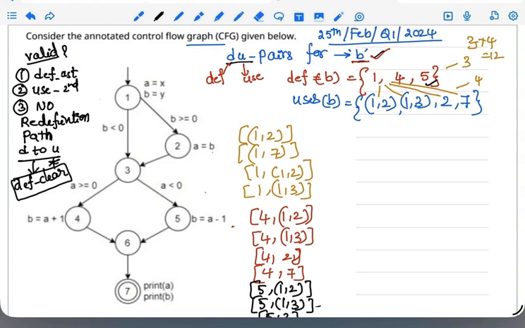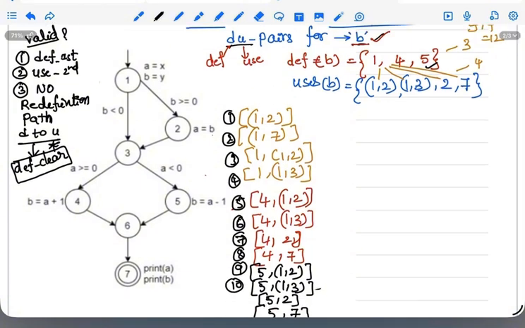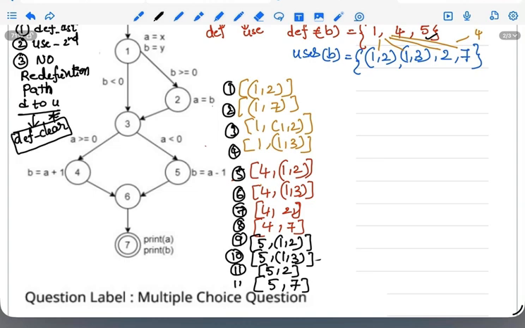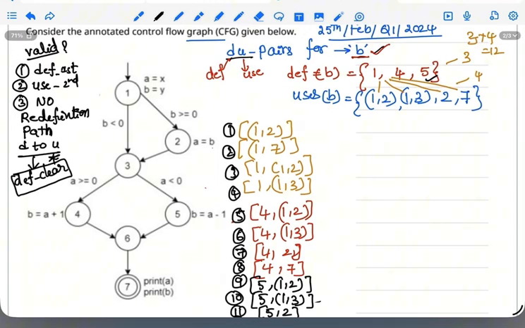So we will check them one by one. The first du-pair is 1 to 2. Here the definition of the variable b is at node 1 and this is the use. There is no redefinition, so this is a valid du-pair.